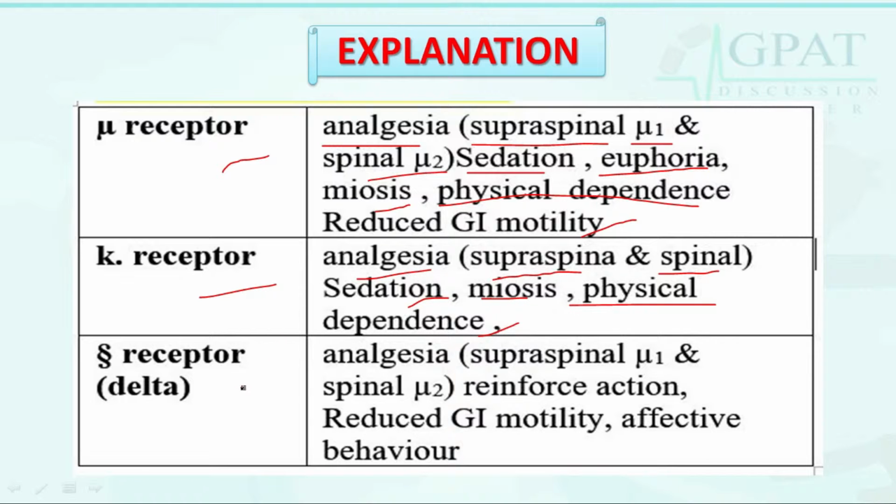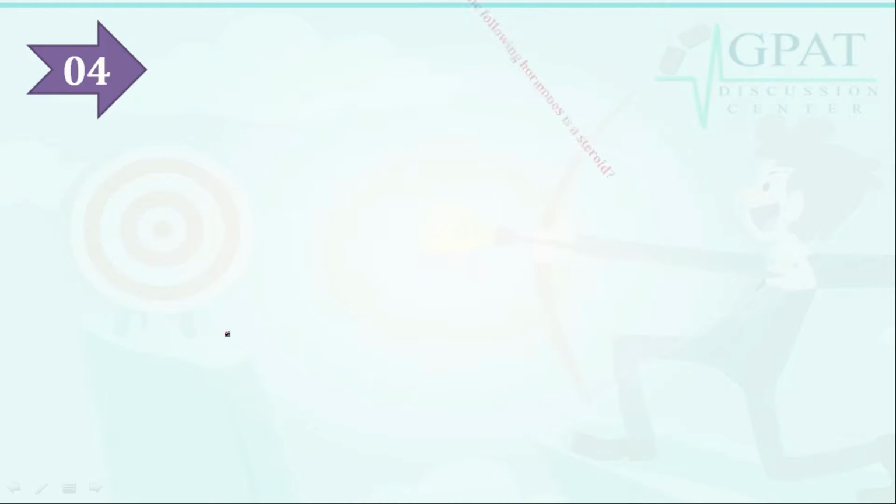And for the delta receptor: analgesia, supraspinal and spinal, which reinforces the action, reduced GI motility, and affective behavior. So this is all about the mu, kappa and delta receptors. So this is all about this question. Moving on to the next question.